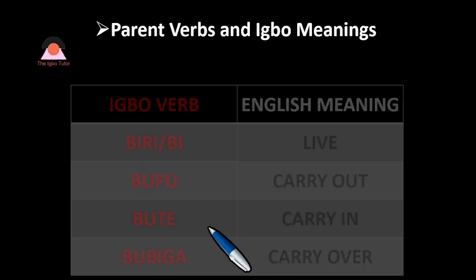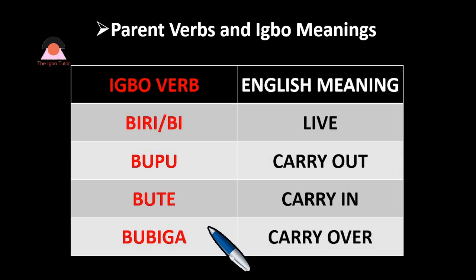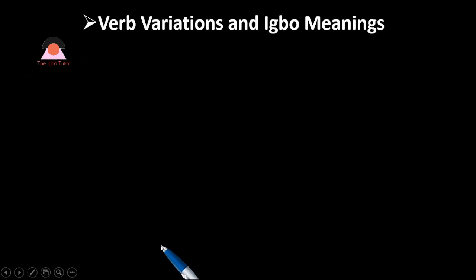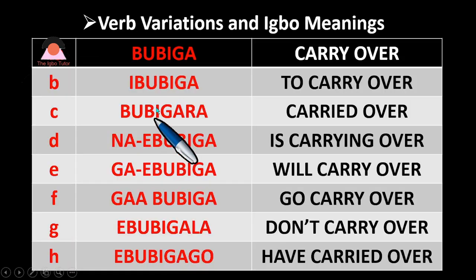Let's go on to the next parent word, which is the last one, of course. Bubiga, carry over. Let's break it and see what it looked like. Ibubiga, to carry over.